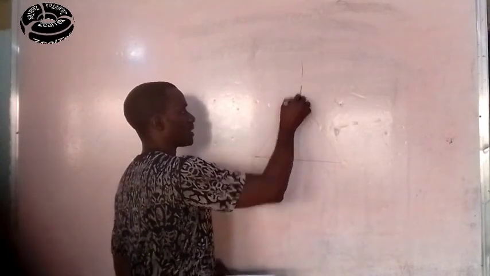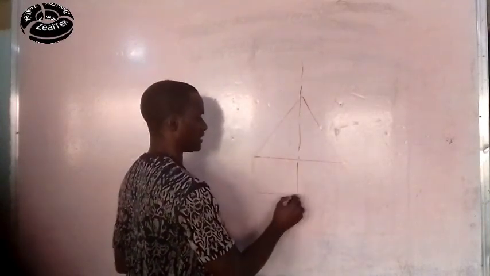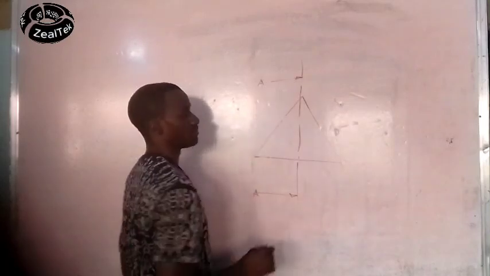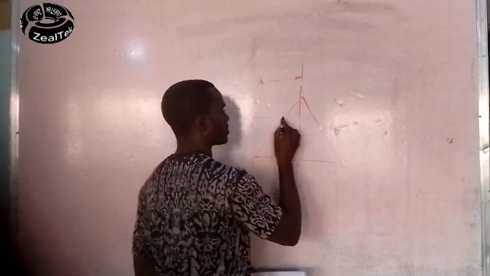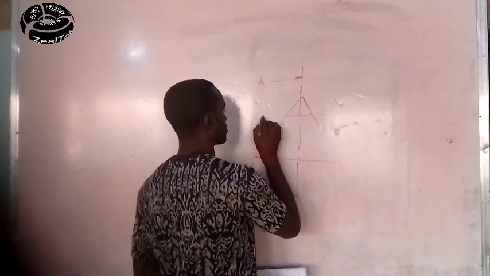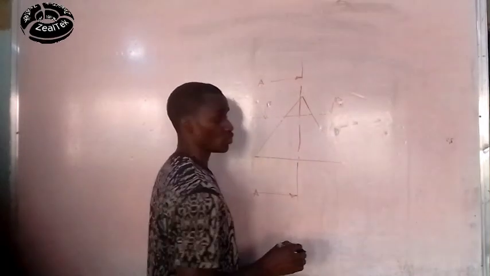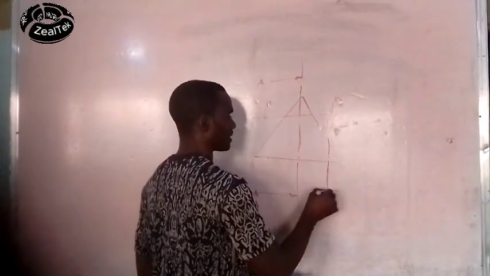The first one is this way, vertical. Let me call it A and A. The second one is horizontally. Let me call it B and B. The third one is this direction.